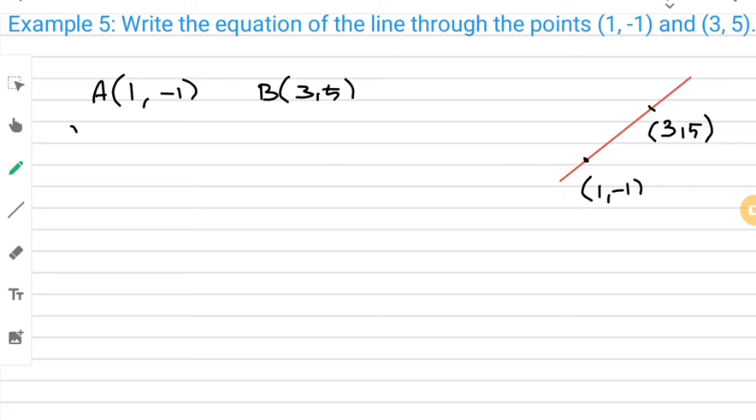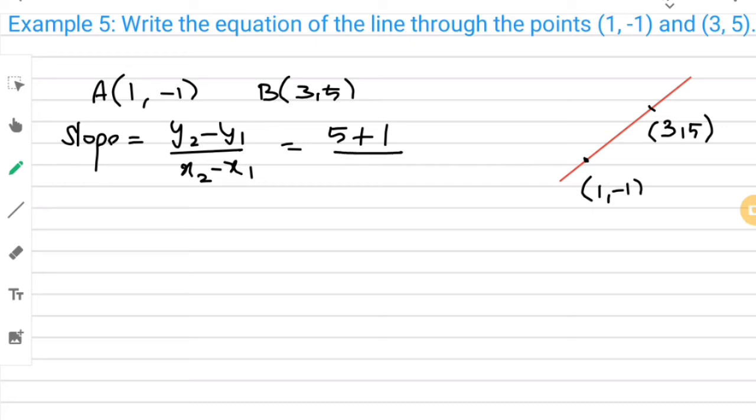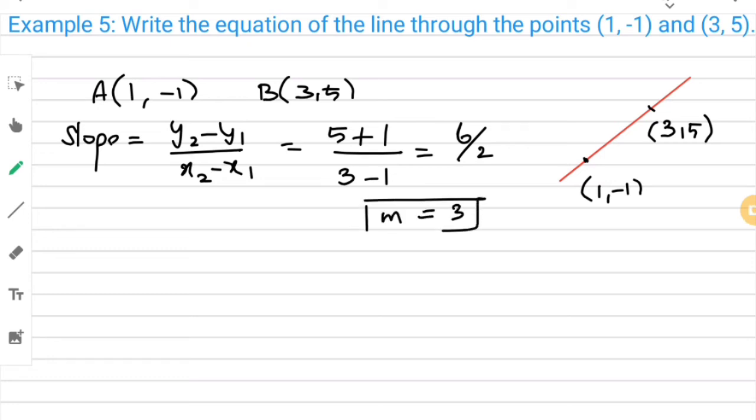So what will happen to the slope? The slope formula is y2 minus y1 by x2 minus x1. Now we can substitute the values over here. 5 minus of minus will become plus. 5 plus 1 by x2 which is 3, 3 minus 1. Therefore 6 by 2. 6 by 2 is nothing but 3. So m is equal to 3.